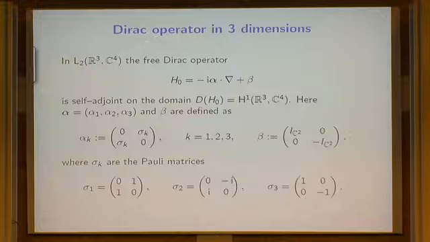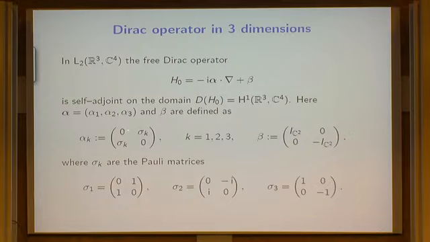Okay, so I first wanted to reintroduce Dirac operators in 3 dimensions, and I'm not concerned much about constants, so I choose units so that most constants are ones. And then the free Dirac operator, which I denote by H naught, acts in L2 of R3 with values in C4, and is given, in the standard representation, by minus i alpha times gradient plus beta, where alpha, this is a bold alpha, is a column of 3 matrices.